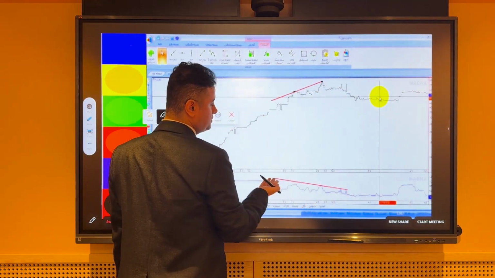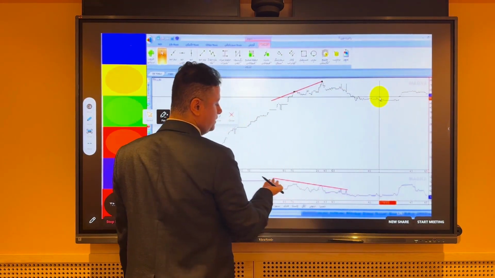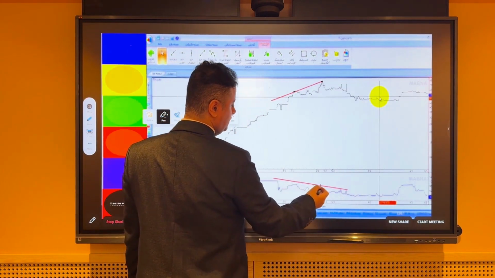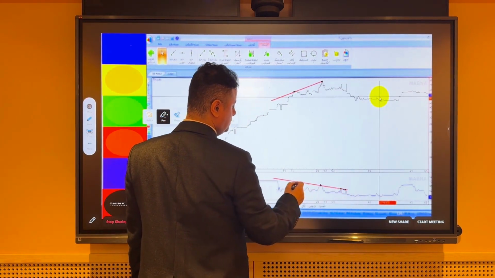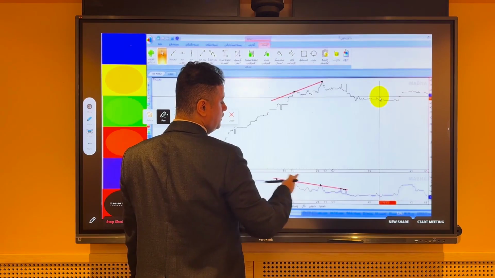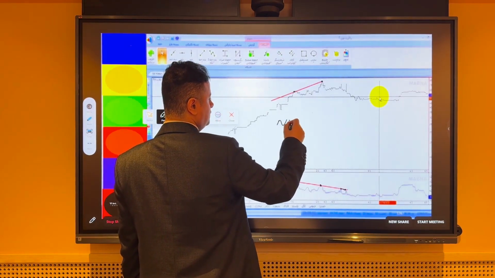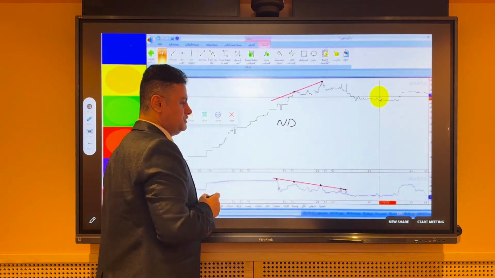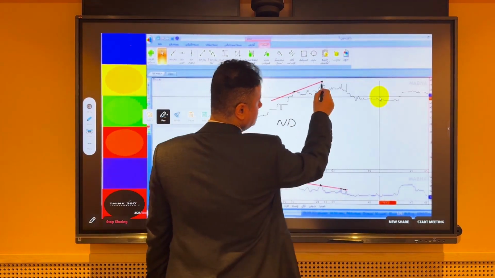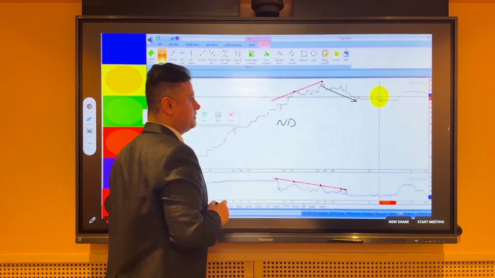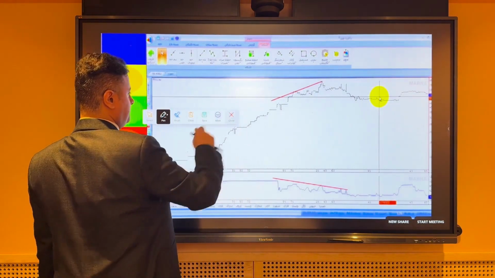But on the RSI, the peak line is completely showing a negative slope. This gives us a negative divergence phenomenon, and after that we witness a significant drop in the stock's price chart.